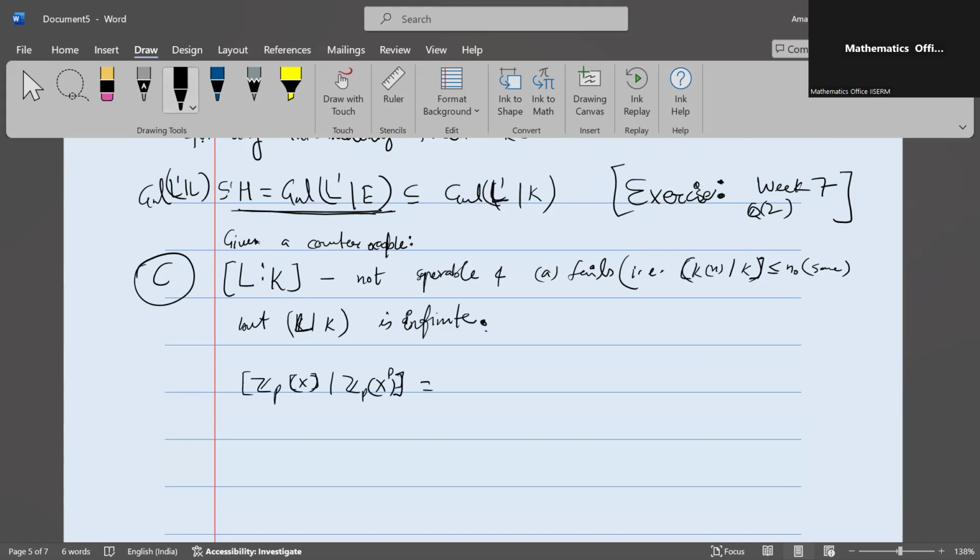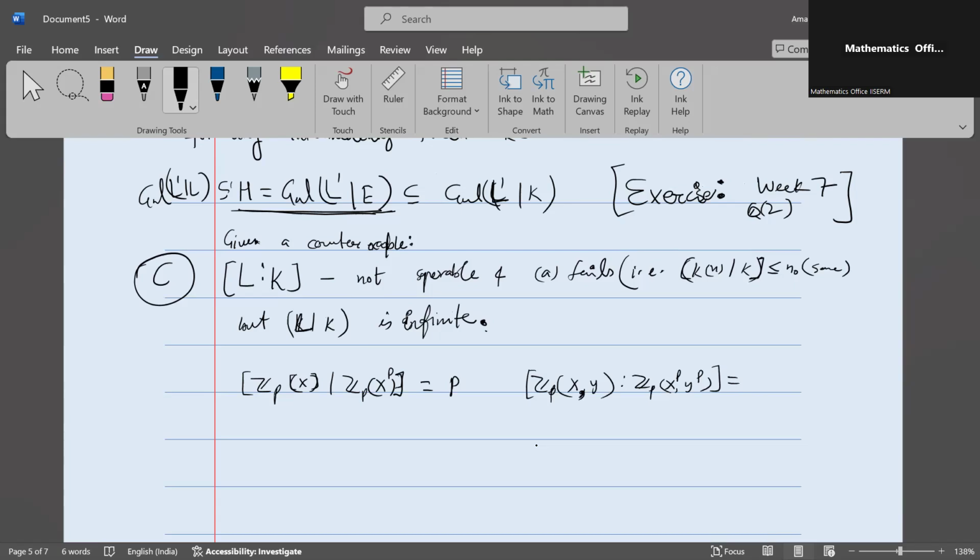What is the degree? We have already seen this is degree p, right? Now, what happens if you take Zp(X, Y), two variables now, over Zp(X^p, Y^p)? What is the degree of extension? Any polynomial in X, Y with coefficients in Zp, I mean rational function, this satisfies something.